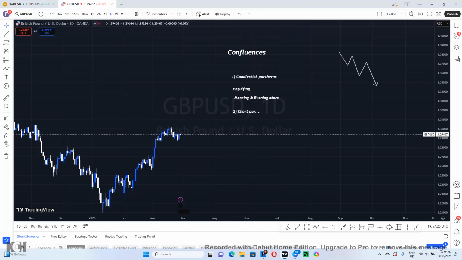I have double top and double bottom patterns.